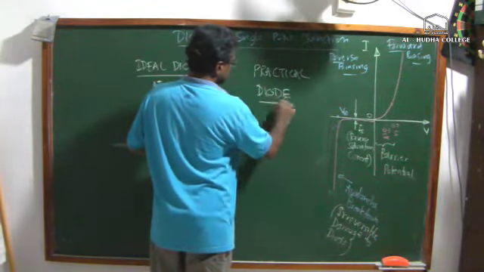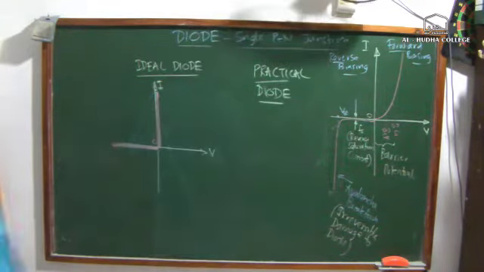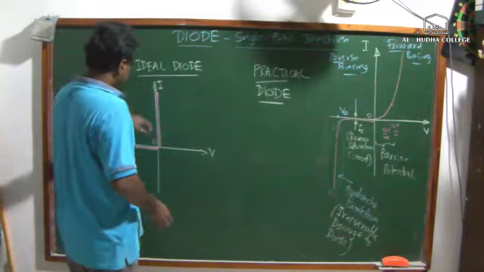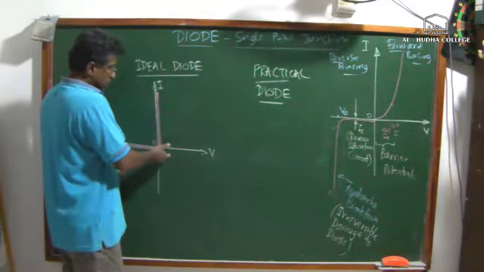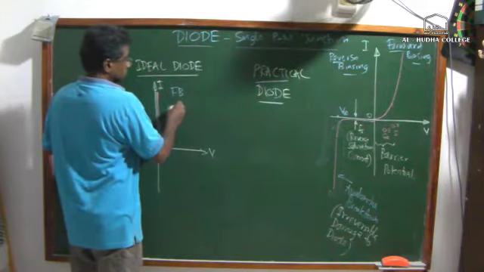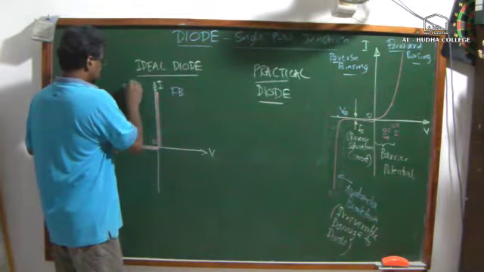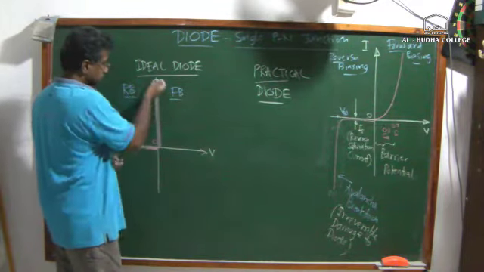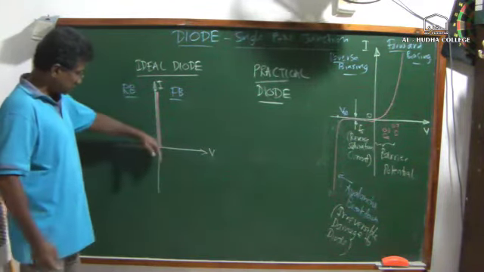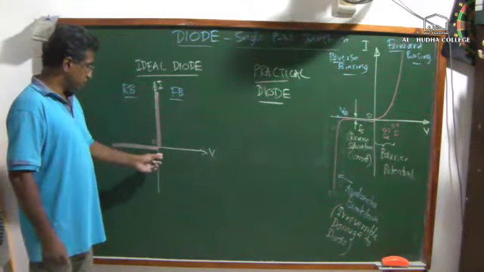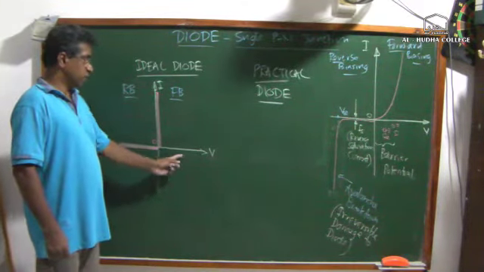So it is always a compromise. Ideally, we wanted a diode like this, where in the forward bias condition the current will rise like this, and in the reverse bias condition there will be no current at all, right? And in the forward bias condition there will be no voltage drop in the diode.